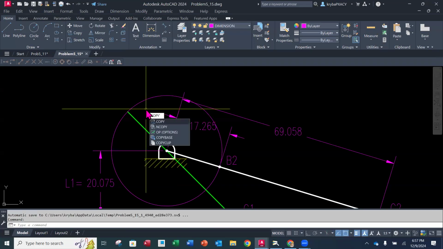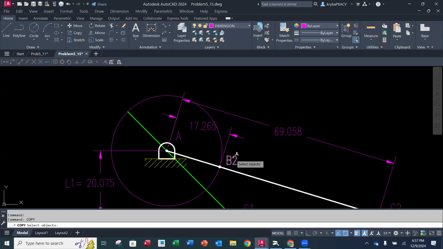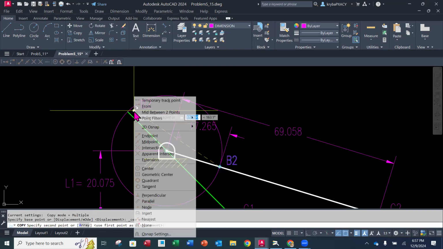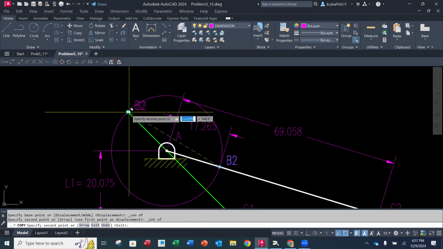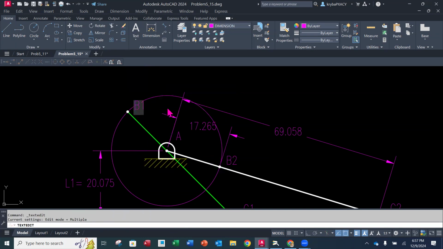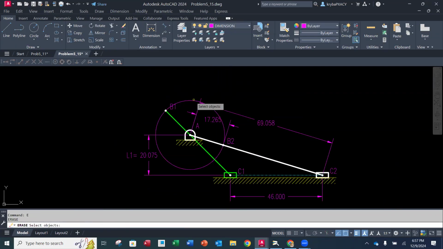Then I'm going to copy my B2 and that same joint from this center to the intersection here. And this is going to be B1. And then I can get rid of that circle.